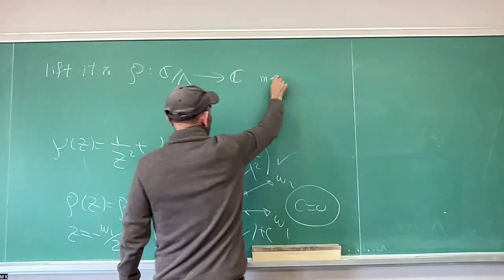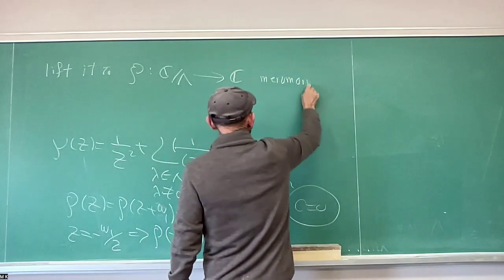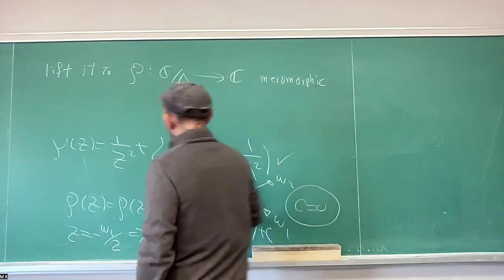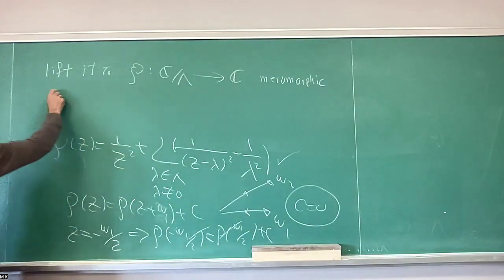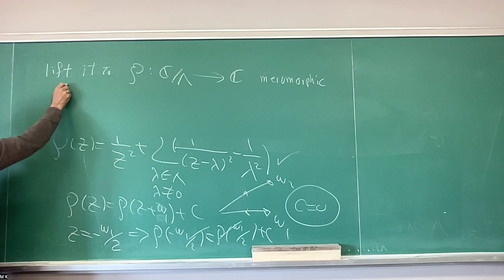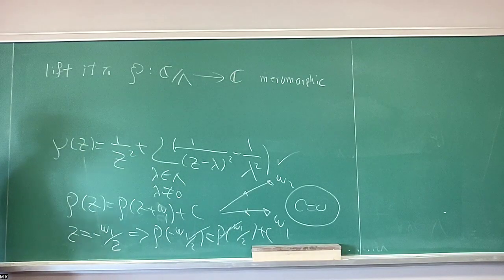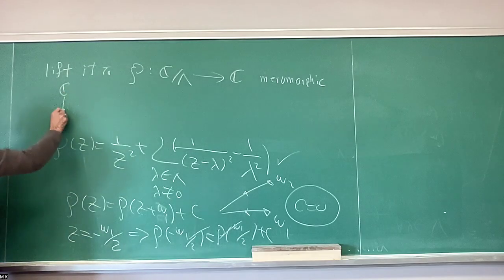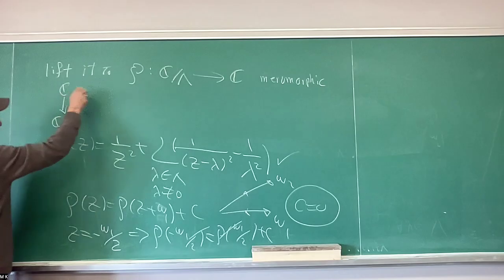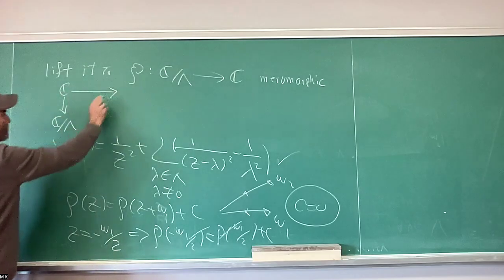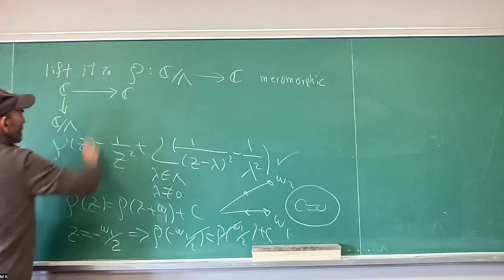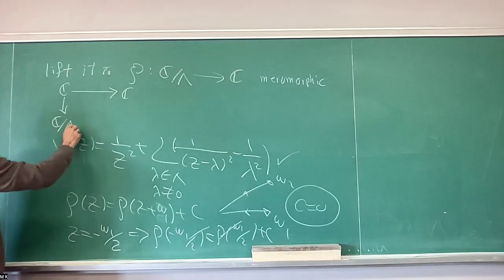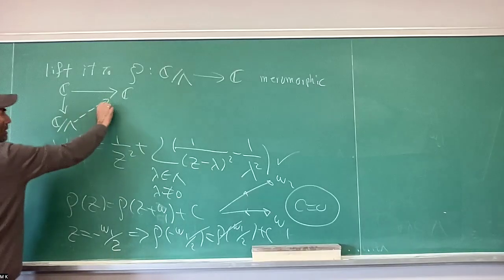Doesn't it project? No, okay, so what I mean is the following. You see, we have this picture: the projection map from C to C over lambda, right? Originally we considered this function to C. Suppose it is a projection now.